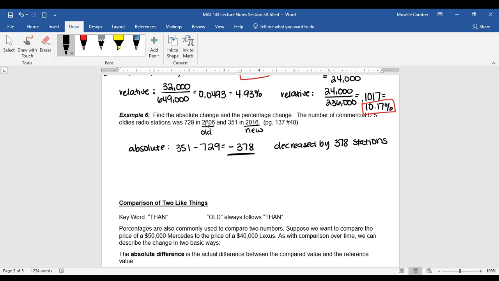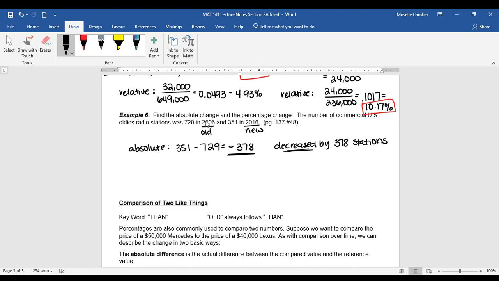But if it said find the amount it decreased or the absolute decrease, it has the word decrease in here or somewhere that means something like it, like lessen or falls or anything that means it goes down, then you don't have to put the negative here. Okay, so the absolute change was negative 378.